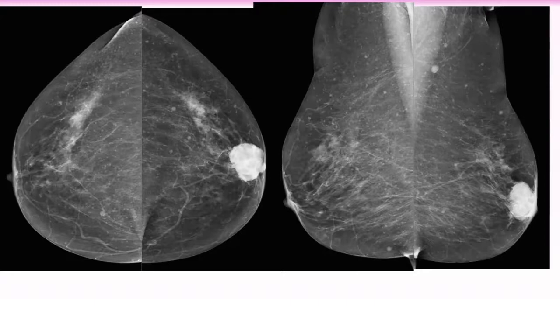There is some spiculation and associated architectural distortion, and a mild skin thickening. So I will put it as BI-RADS 5 for tissue diagnosis. And it was invasive ductal carcinoma.